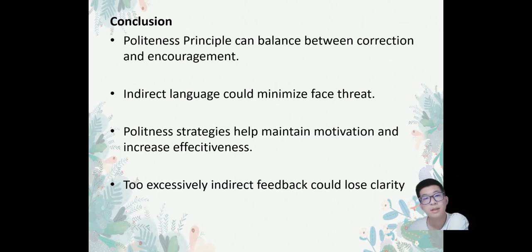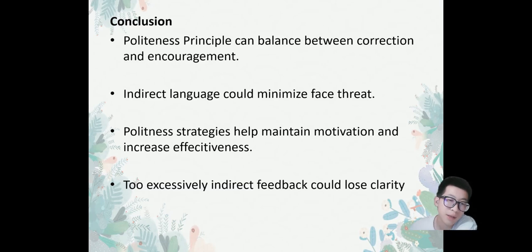The second is that indirect language can minimize threats. I think the second one is quite similar to the first one. It also tries to make students feel less awkward and accept the suggestions more easily.